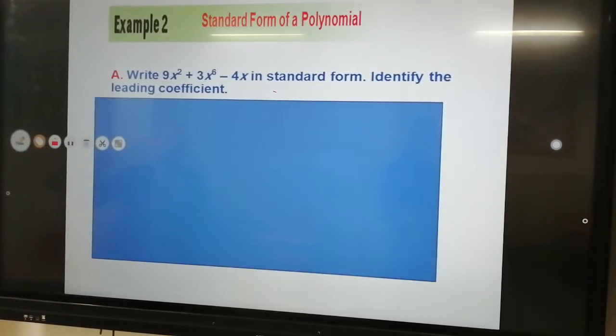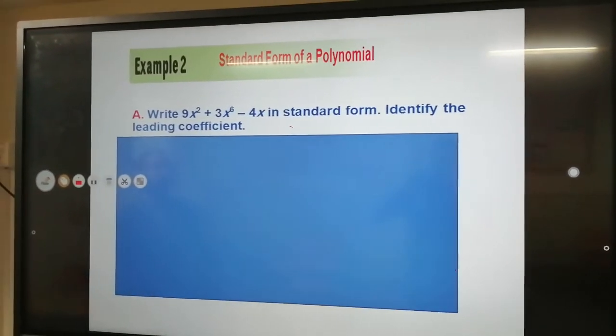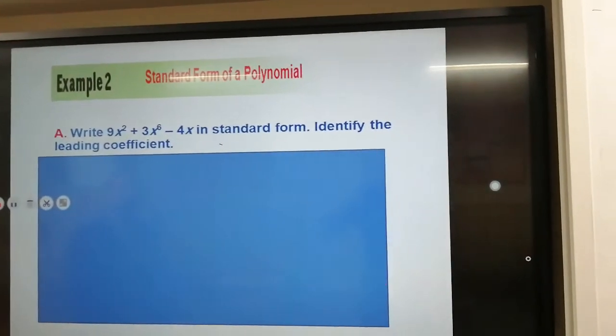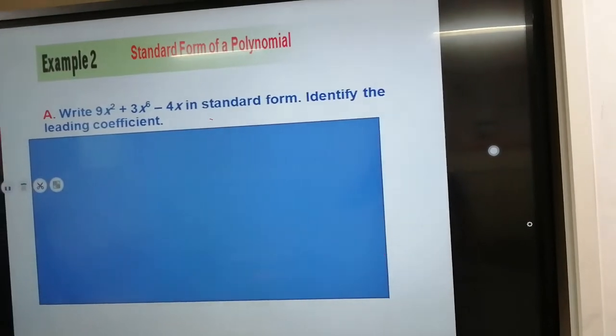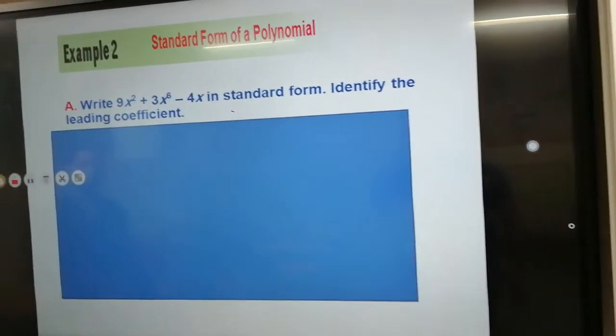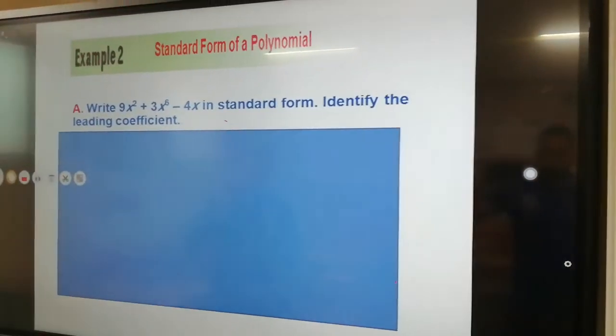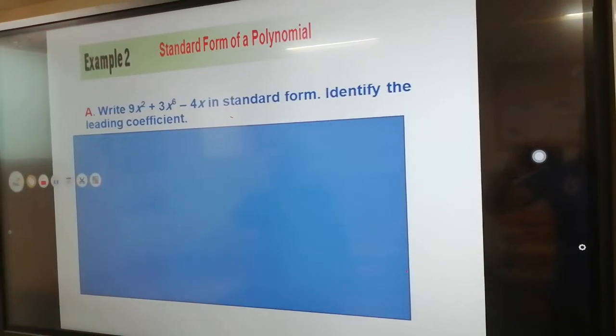9x power 2 plus 3x power 6 minus 4x. Write it in the standard form and identify the leading coefficient. First, the standard form. Okay, Nawaf.